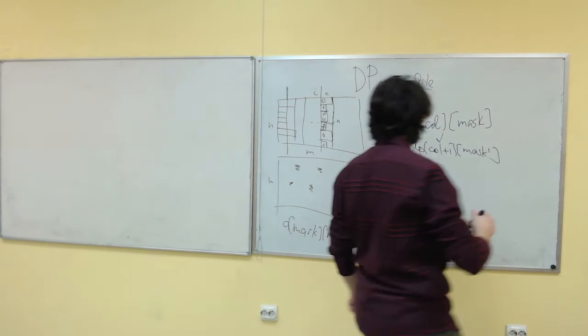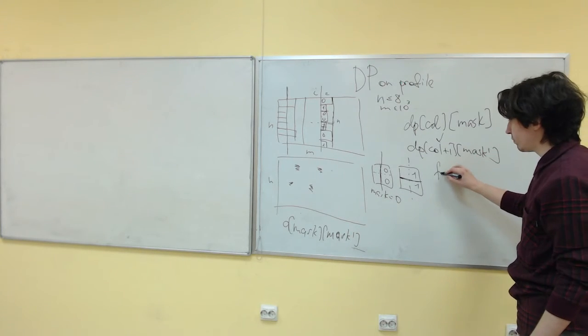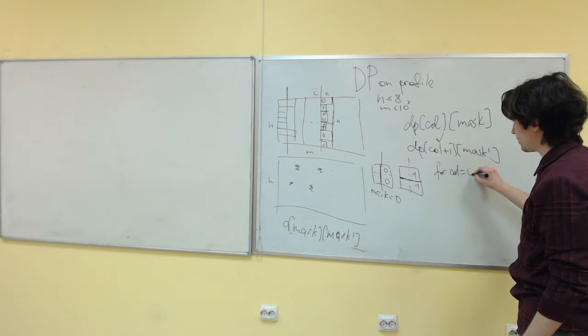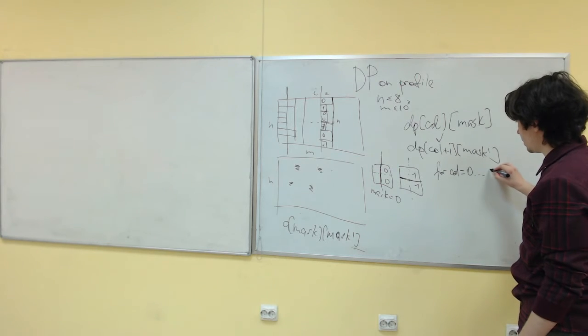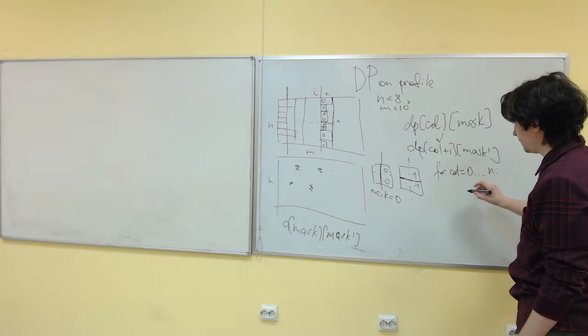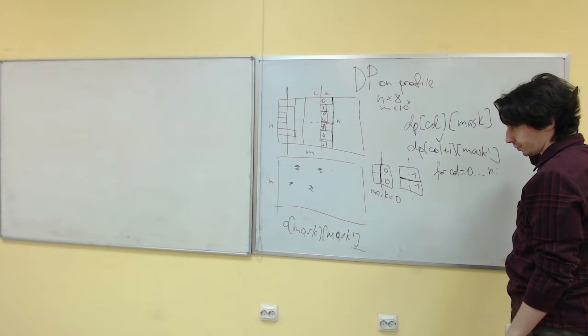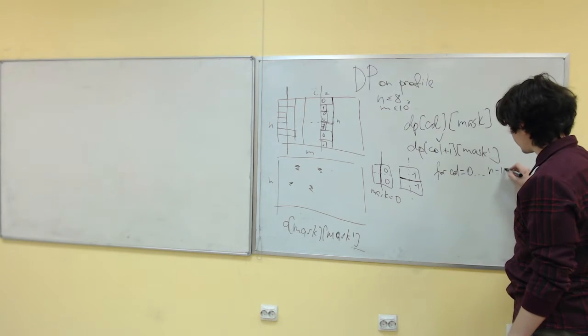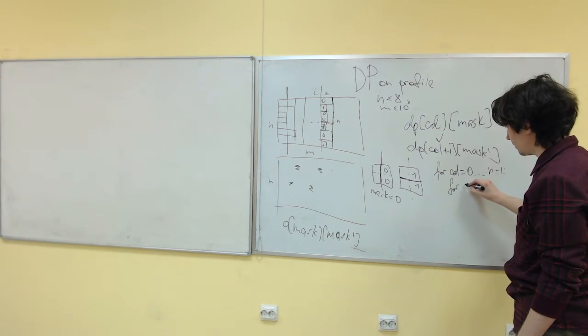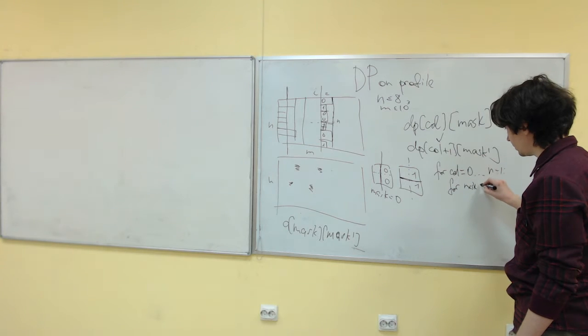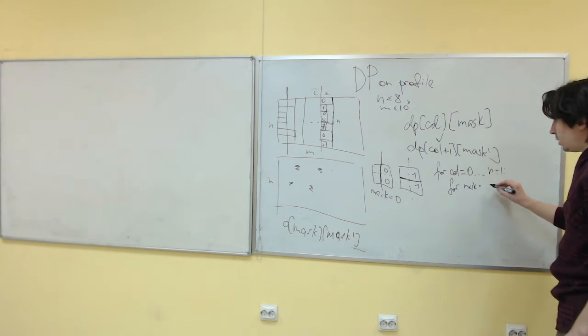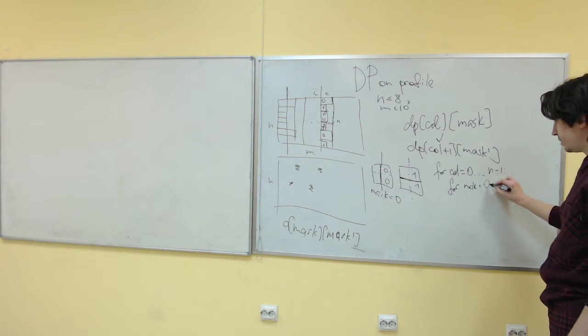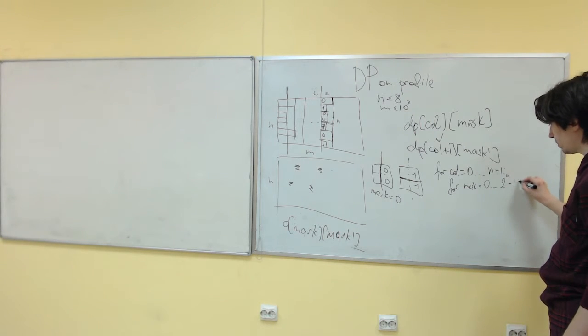So the solution is pretty simple then. We iterate for a column from 0 to n minus 1, for mask from 0 to 2 to the power of n minus 1.